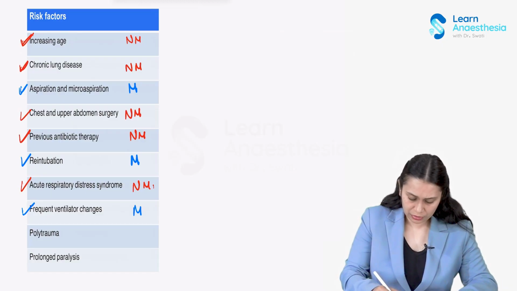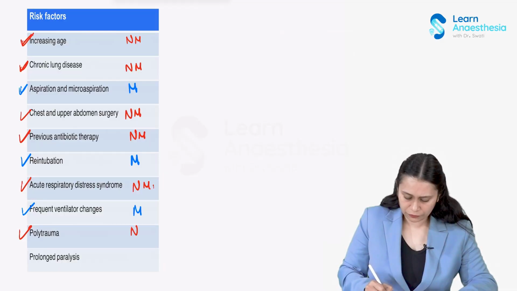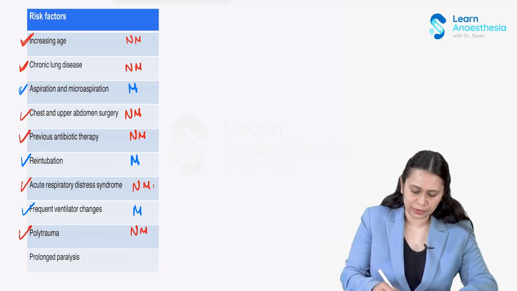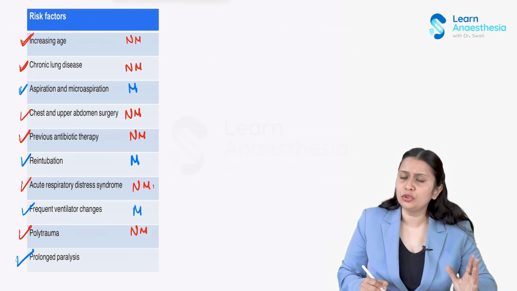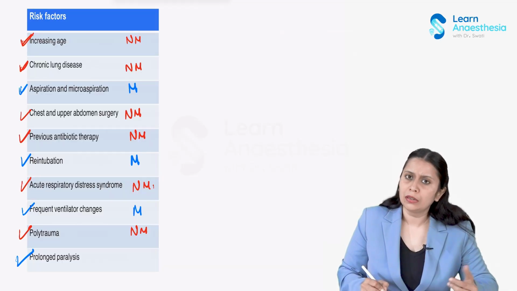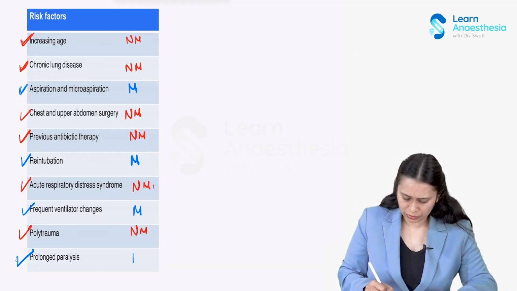Then polytrauma, this is non-modifiable, and prolonged paralysis. Prolonged paralysis we can avoid. We should avoid paralysis and heavy sedation in patients and should give a daily sedation break to decrease the incidence of VAP. So this is modifiable.